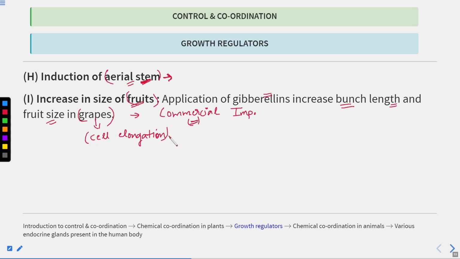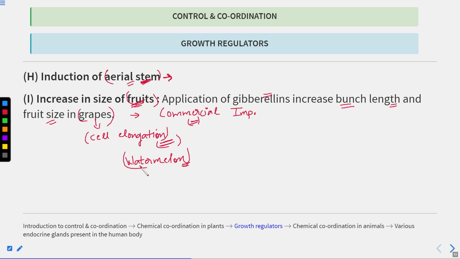By loosening the cell, by increasing the membrane permeability, and third, by the production of cell wall microfibrils. If the cell is elongated, then the size of the fruit will increase. One example is grapes. Another example is watermelon. In watermelon also, you can increase the size by the application of hormones such as gibberellins.